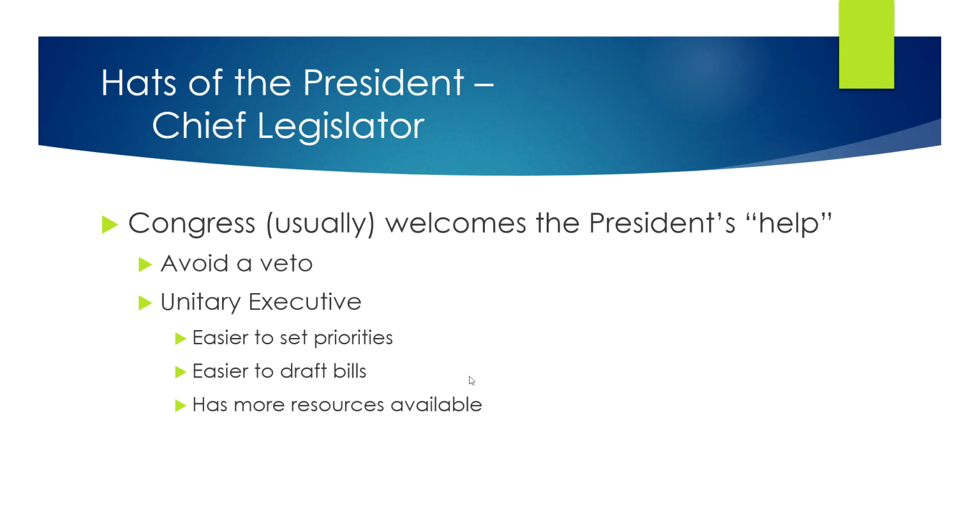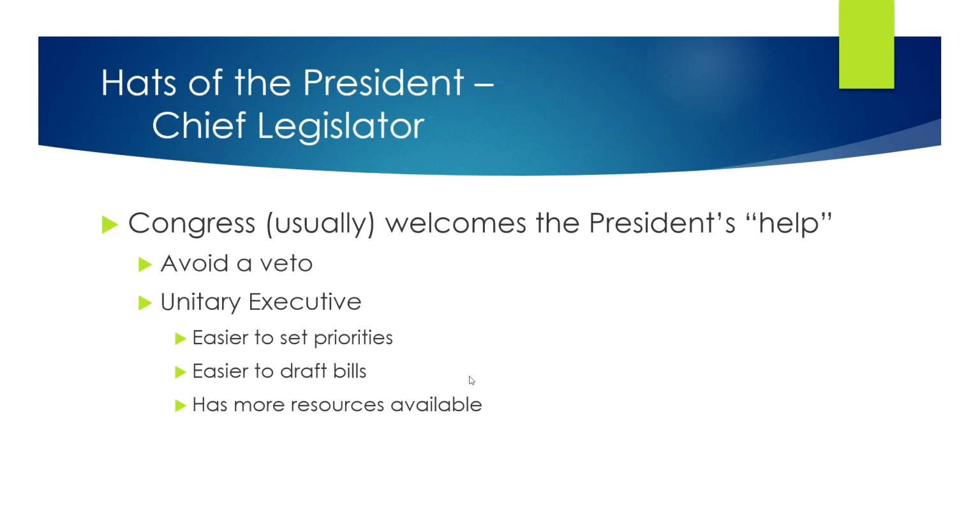And the president has the entire executive branch of government more or less at their disposal. So they have a lot of information. They have a single person in charge and a single person guiding the whole process.